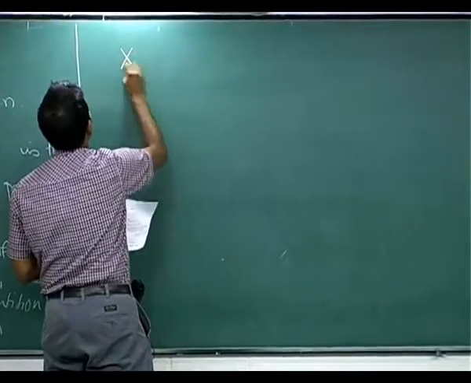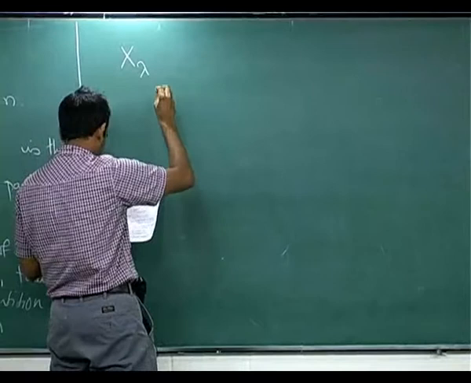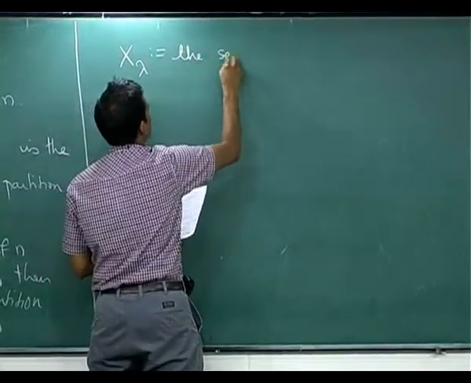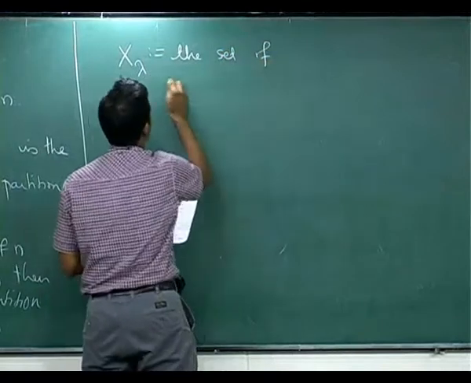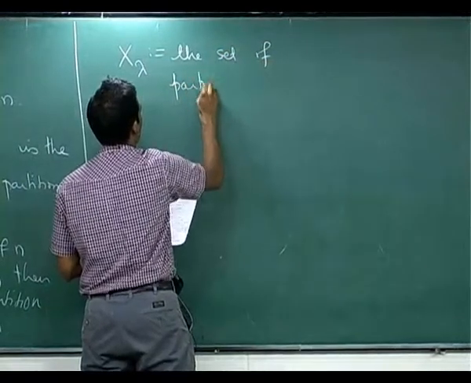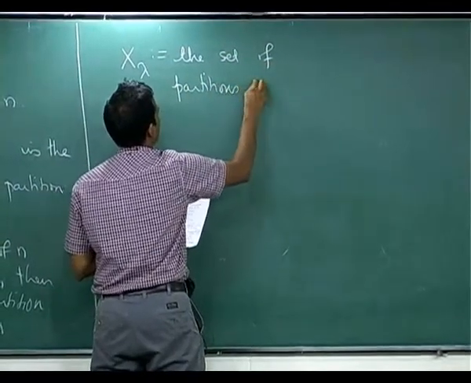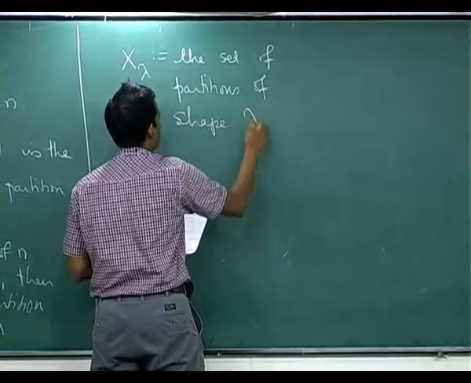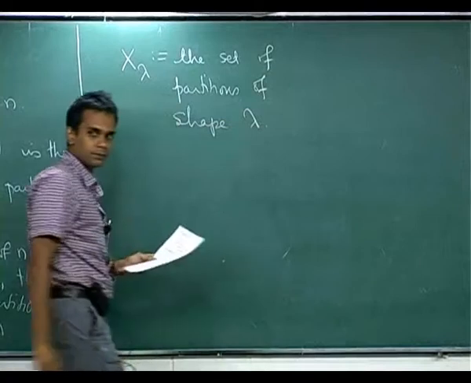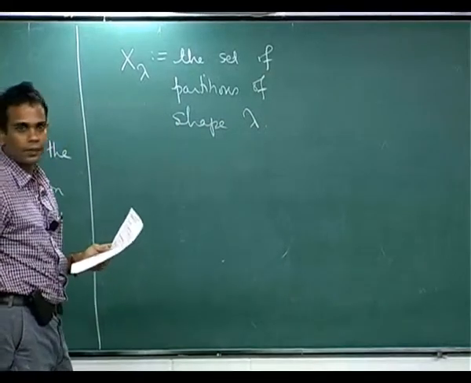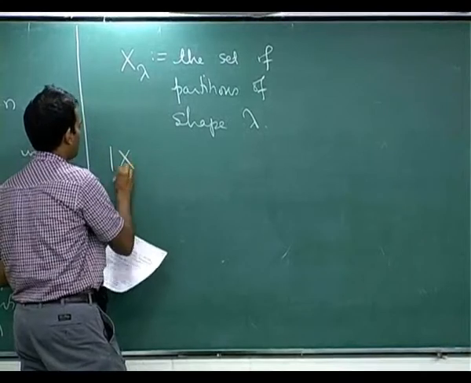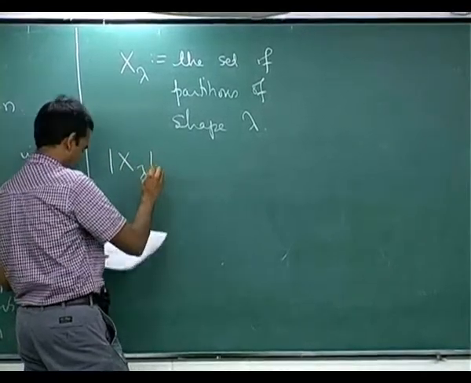And I define X lambda to be the set of ordered partitions of shape lambda. So what's the cardinality of X lambda?